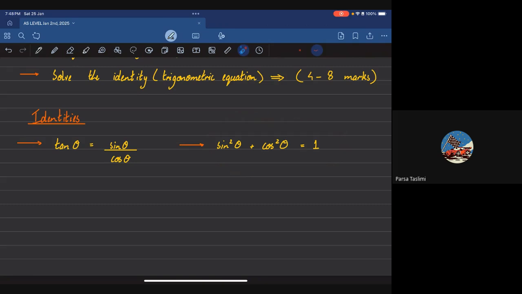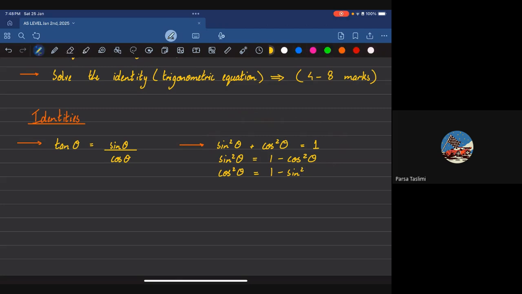How can I make two more? Simply, I can write this identity as sine square theta is equal to 1 minus cos square theta. It's the same identity. And this identity can further be written down as cos square theta is equal to 1 minus sine square theta.